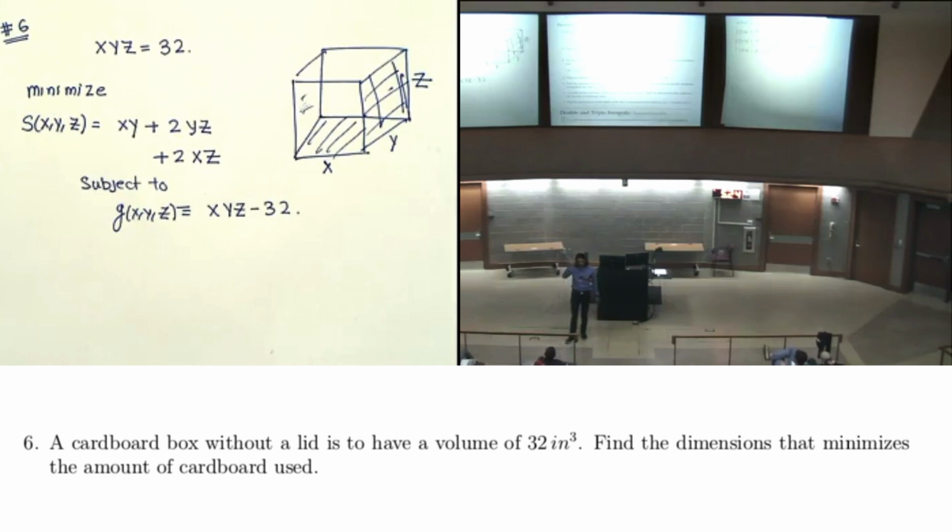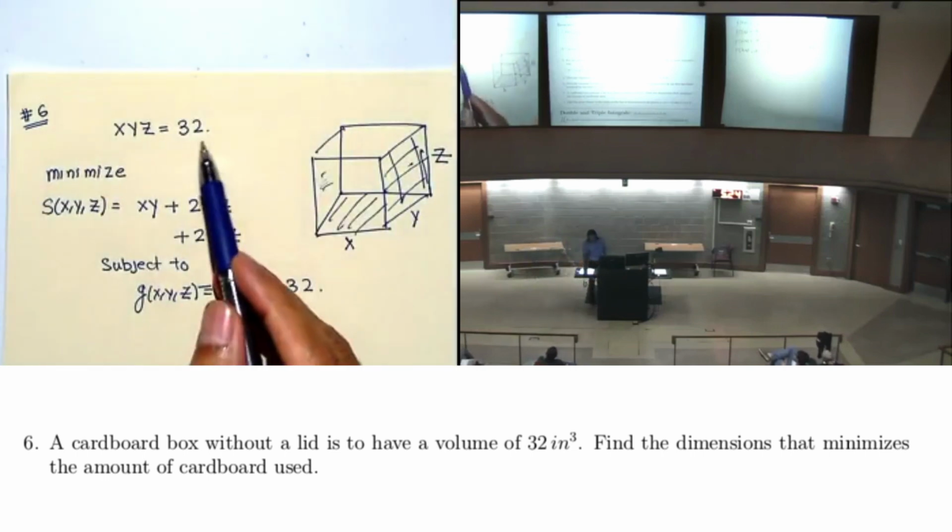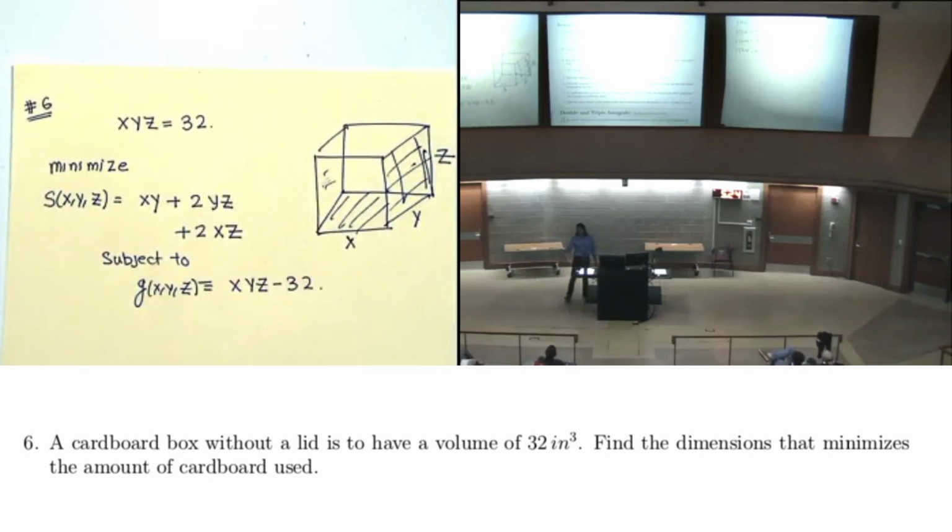Can you explain the equation one more time? How did I get the equation? The very first equation is because they told me the volume has to be 32. The volume of the box with dimensions X, Y, and Z is X times Y times Z, so it has to be 32. Since this is an equation, that has to be my constraint.